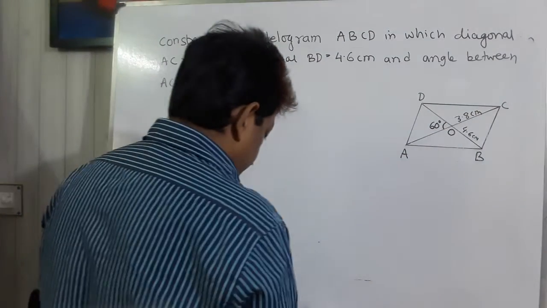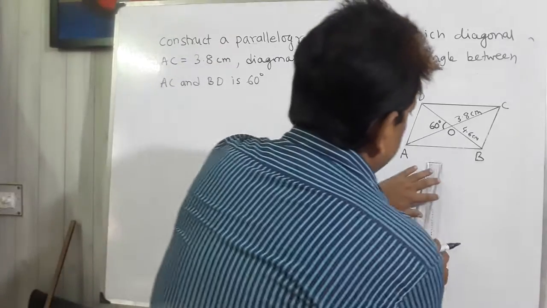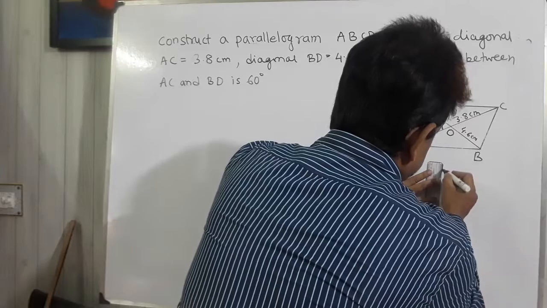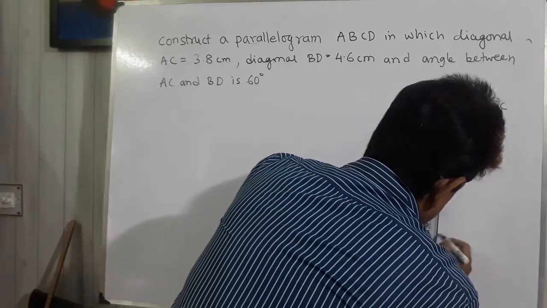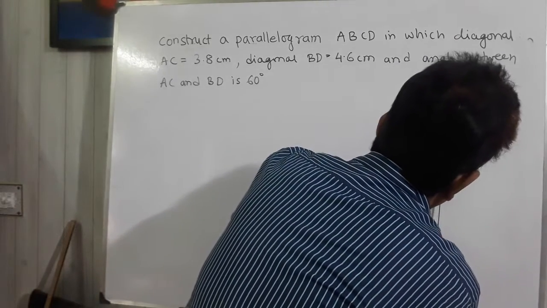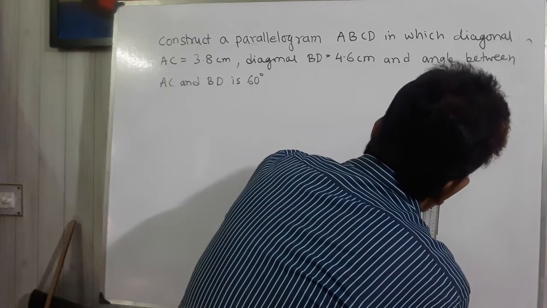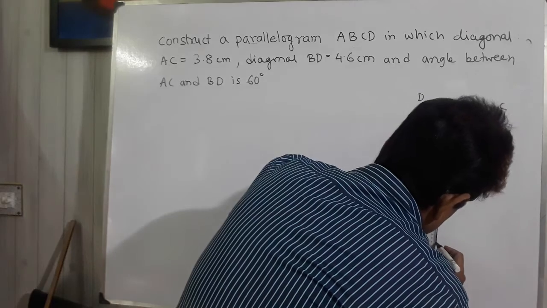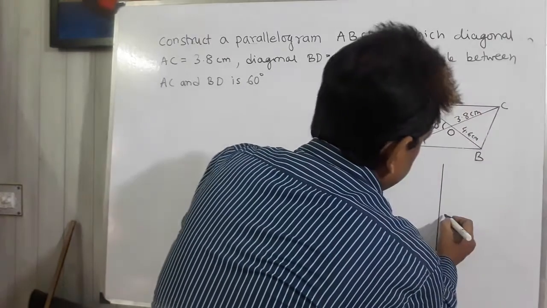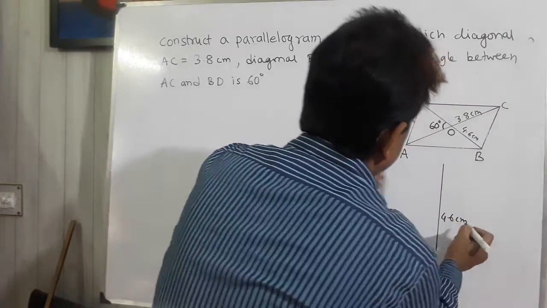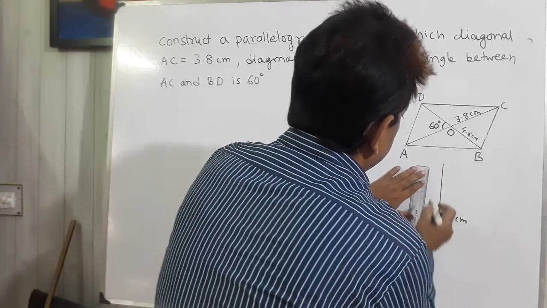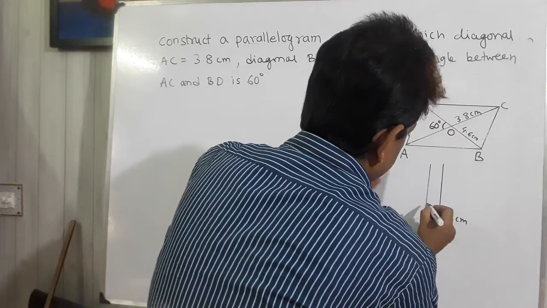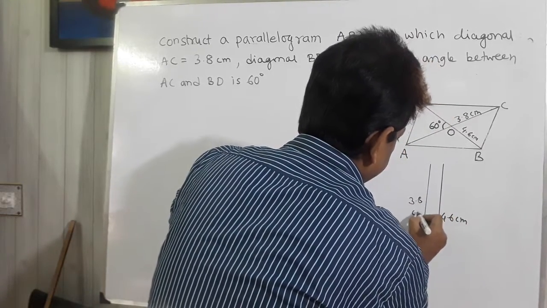So first of all, let me write the lengths also. This BD is 4.6 and AC is 3.8 centimeter.